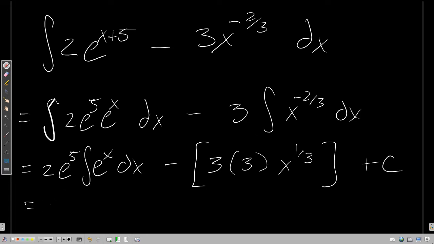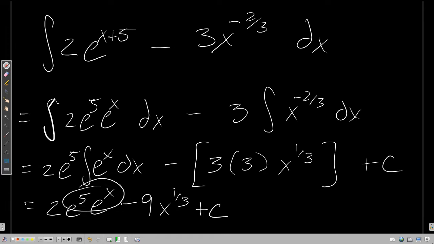So you would have 2 e to the 5th e to the x minus 9x to the 1/3 plus c, and then they're going to want me to rewrite this as e to the x plus 5, and that's all there is to it.